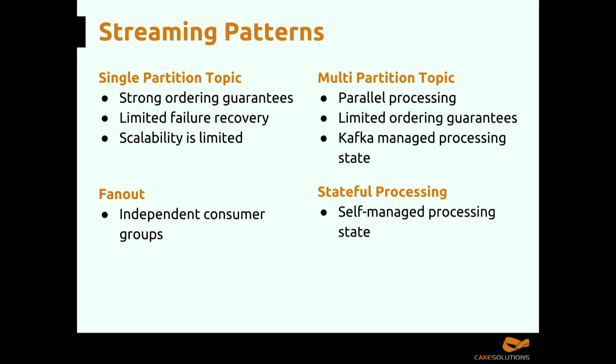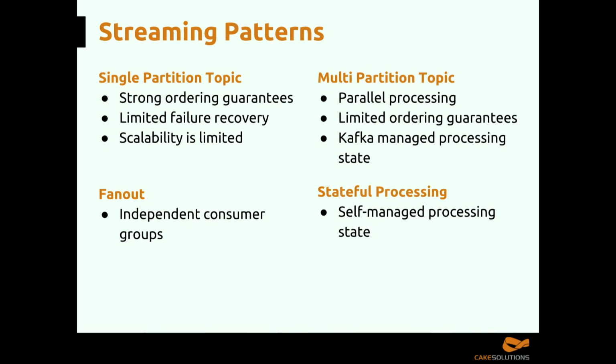So we've covered some of the basic consumption patterns and discussed their properties. So in summary, we found these 4 major consumer patterns. So for example, the single partition mode provides good performance and gives us strong ordering guarantees.